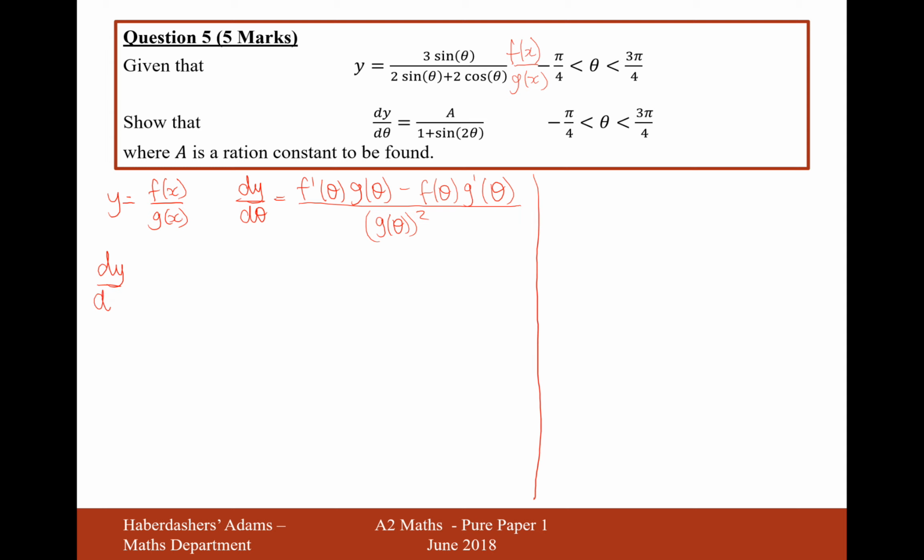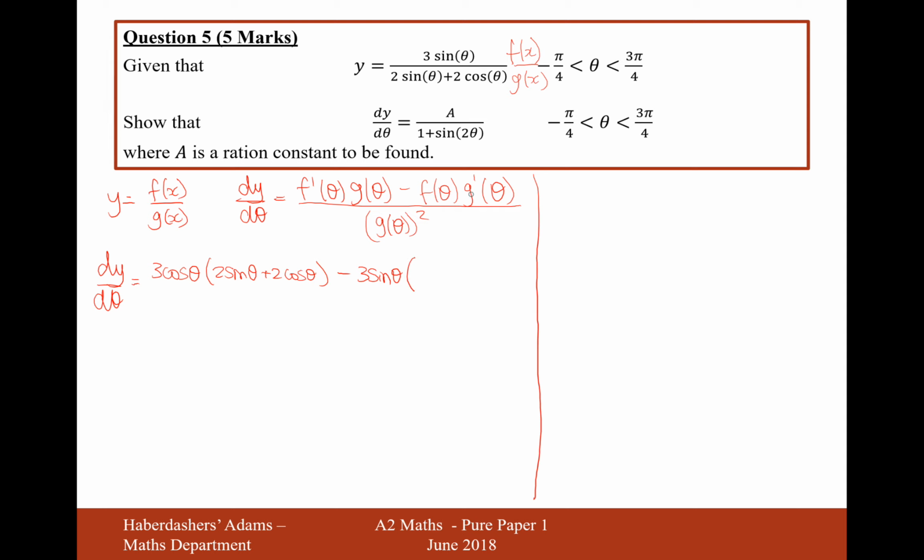Let's do dy by d theta, and this is going to equal. The first part is to differentiate the top, so that's going to be 3 cos theta. Then in brackets, that's going to multiply by the g theta function, which is the bottom function, 2 sine theta plus 2 cos theta. Now let's move on to the second part. It's now the top function, just f of theta as it was without being differentiated, so that's 3 sine theta.